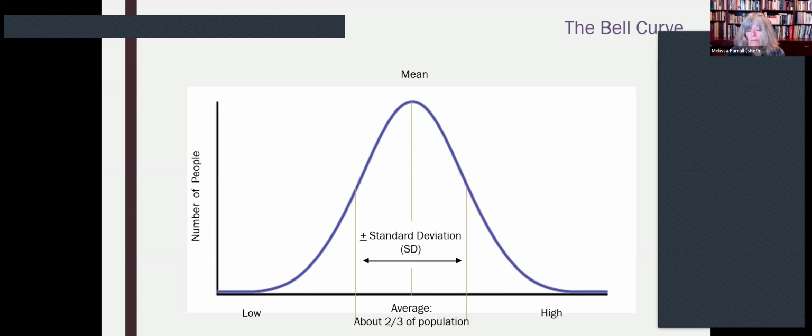So we need to know the mean, which I call smack dab average, is the 50th percentile rank. And you need to know something called the standard deviation, which is a really awful term, but what it's supposed to tell us is just how the scores spread out. It's a plus or minus value.